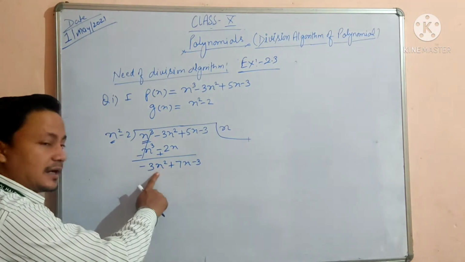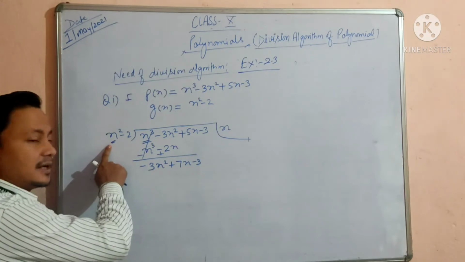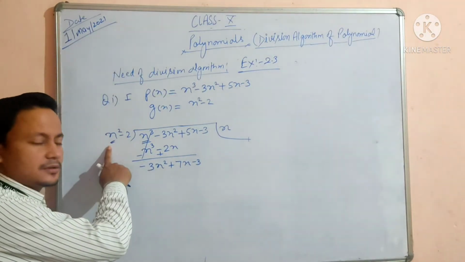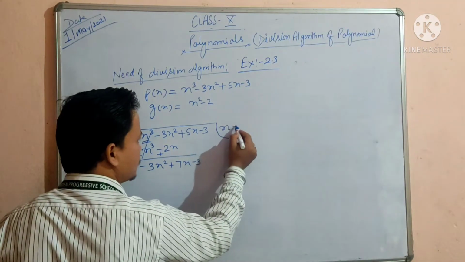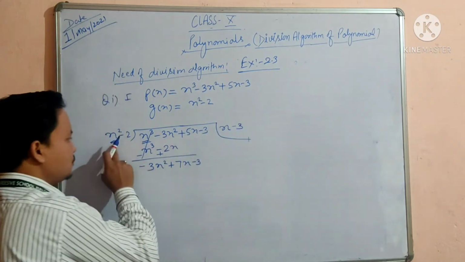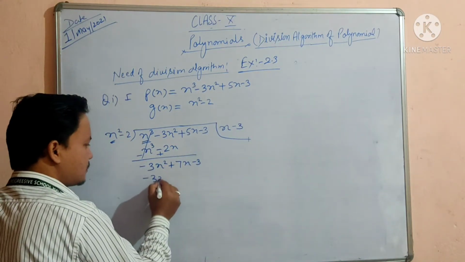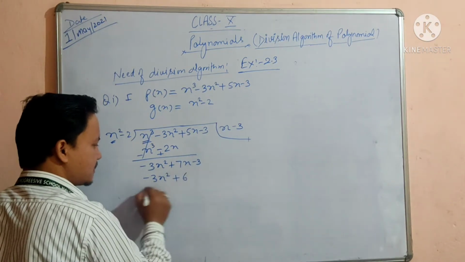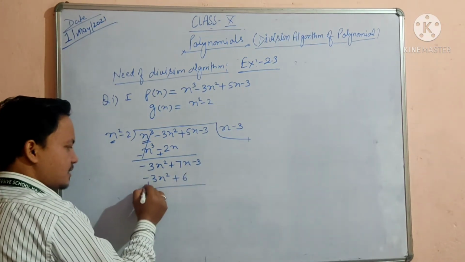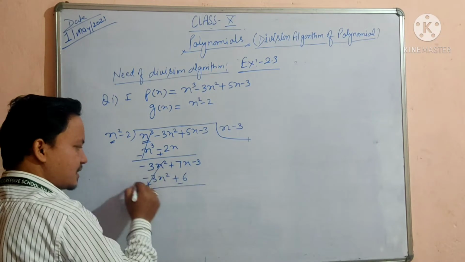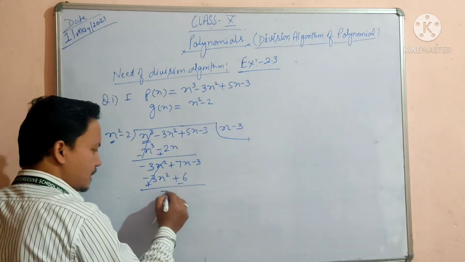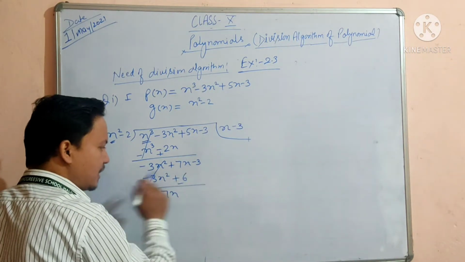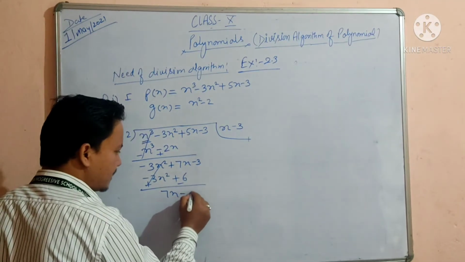So to eliminate minus 3x square, we have to multiply this x square with minus 3. So minus 3 into x square is minus 3x square, minus 3 into minus 2 is plus 6. On subtracting, this will be plus, this will be minus, and this will cancel out. So we get 7x minus 3 minus 6 is minus 9.